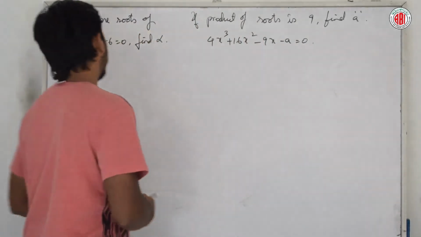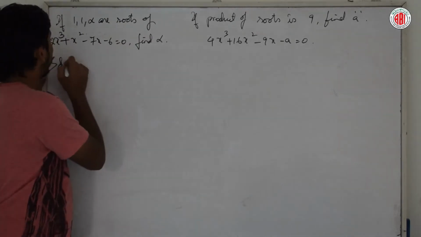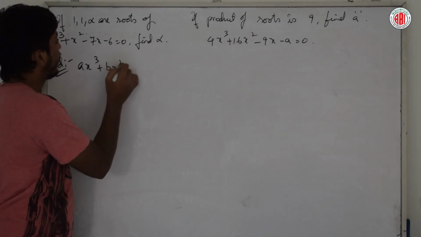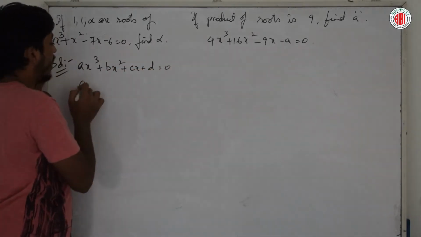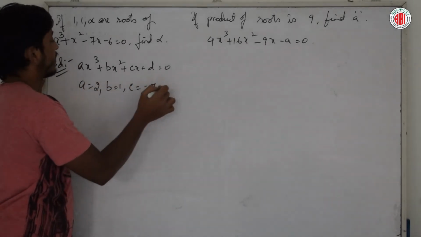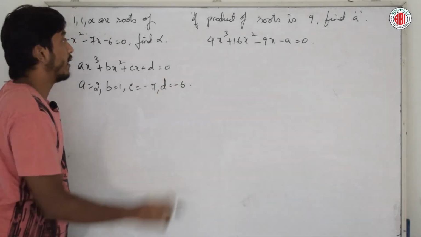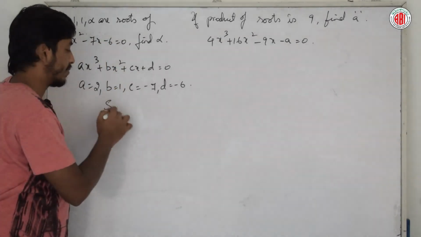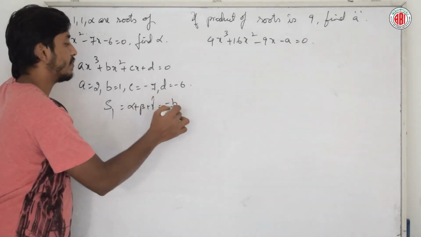So just for a casual simplification, let me compare it with ax cube plus bx square plus cx plus d equal to 0. What is a? A is 2, b is 1, c is minus 7 and d is minus 6. Fine. So I have 3 roots. Can I find S1, which is alpha plus beta plus gamma, which is minus b by a?